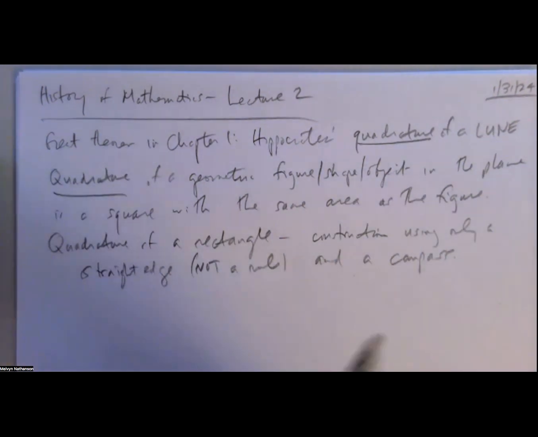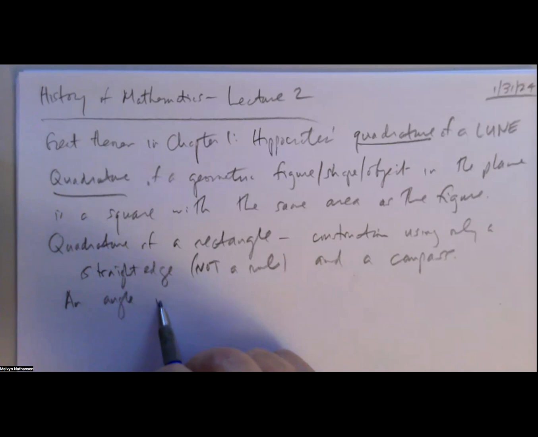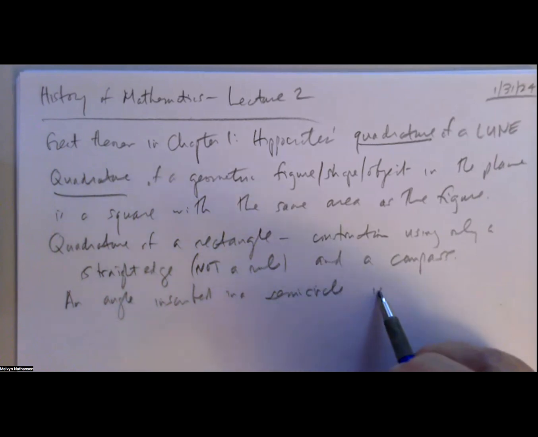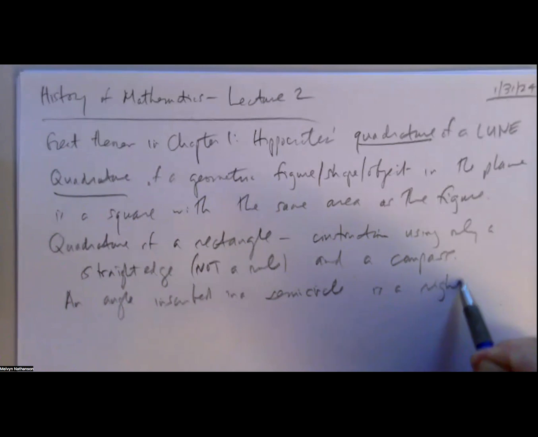In order to do this construction, you have to know certain things. For example, we already proved that an angle inscribed in a semicircle is a right angle.